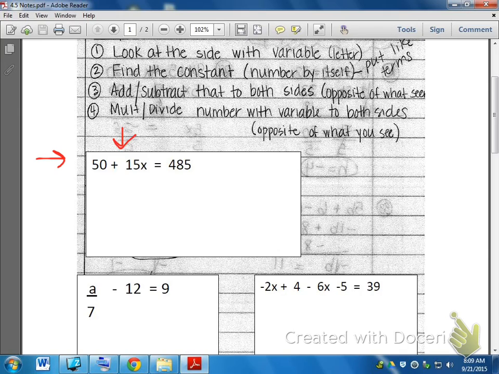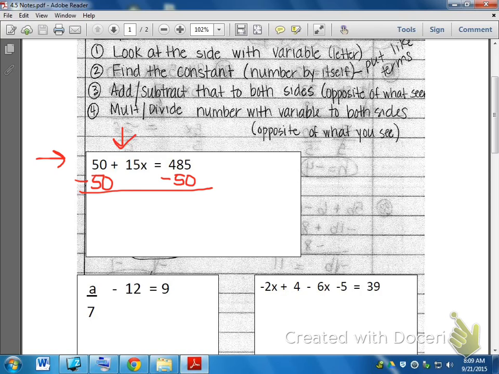Yeah, so here's what I want you guys to do. This is really important: show all your steps so you keep things organized. You're going to subtract 50 under 50, and then subtract 50 under the 485 and draw your line. So whatever you do on the left side of the equal sign, you got to do on the right.